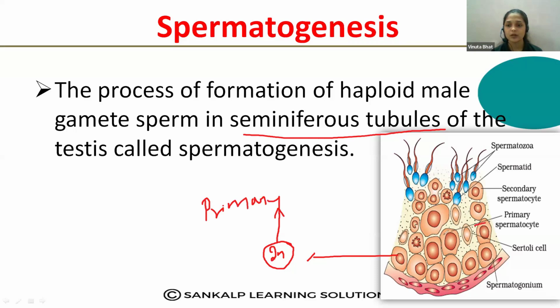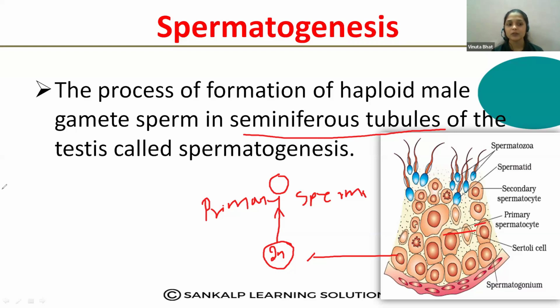These primary spermatocytes then undergo meiotic division and form the secondary spermatocytes, then the spermatids and sperms. We are studying this process in detail in this topic.